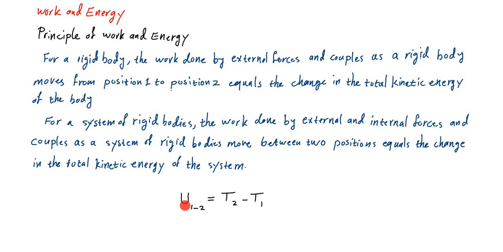Now we'll see that it's not just about force as a vector. It's also about couples or moments applied to the rigid body. Since we have a rigid body, we also deal with couples now, and they can also do work. So we'll look at both sides of this equation and see how we can actually form this for a rigid body or for a system of rigid bodies.